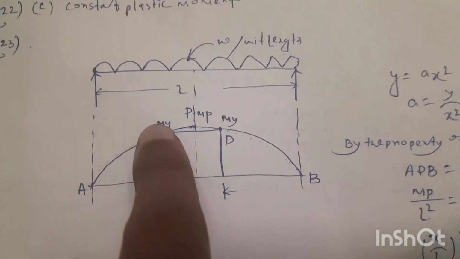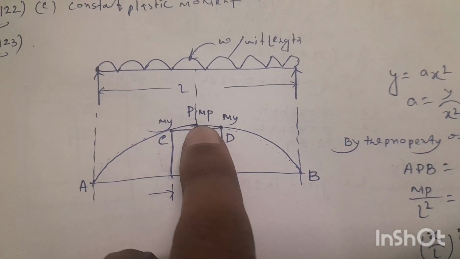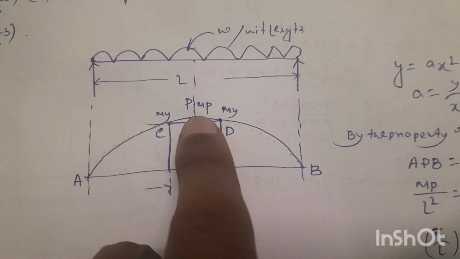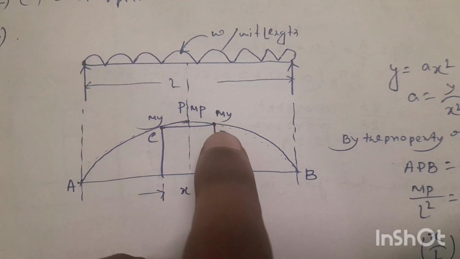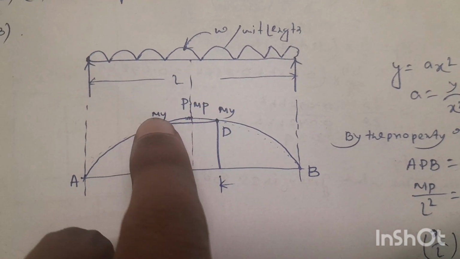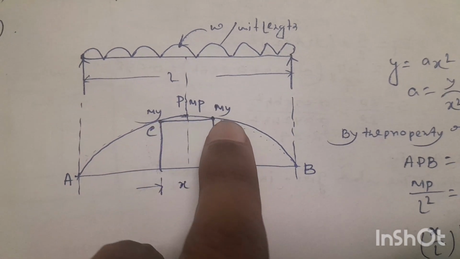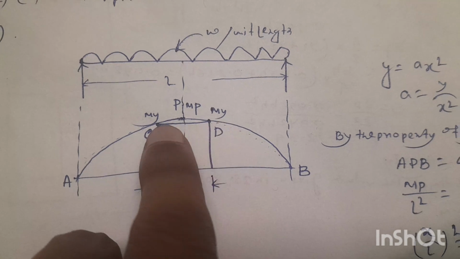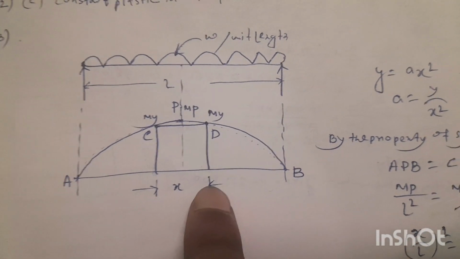So if we consider this length, we know the maximum plastic moment will be at here, that is MP, and say the yield moment is here at left side and here at right side My. So this length will be elastoplastic zone. Suppose this is X.